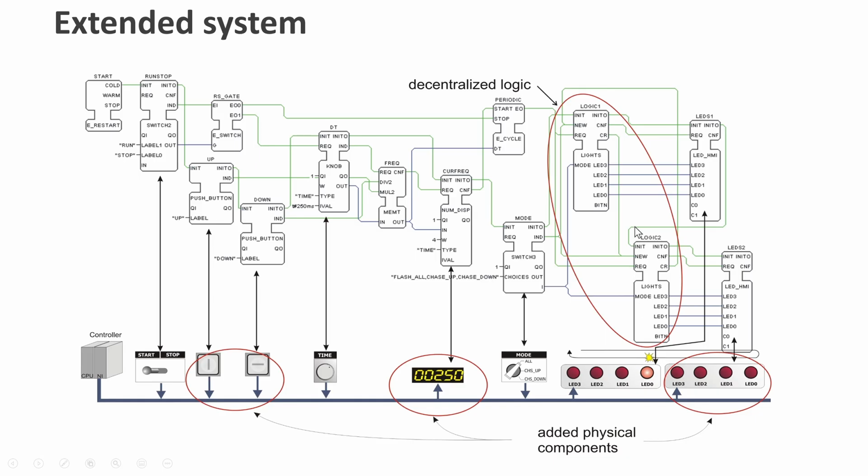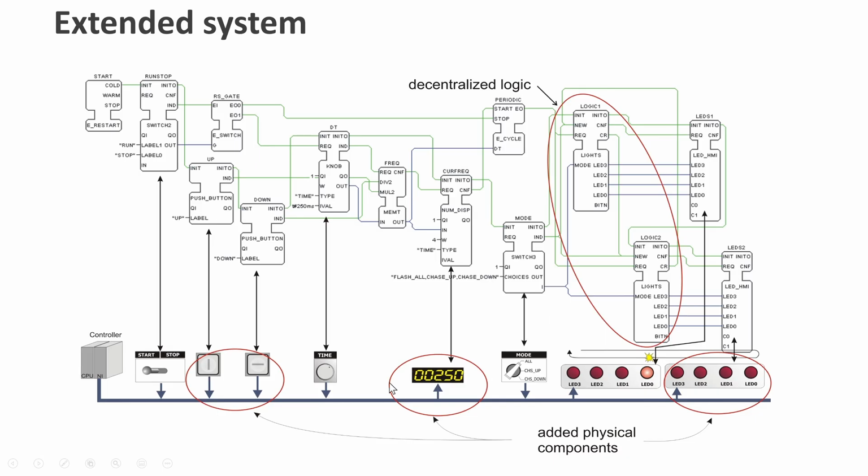For that purpose we need to add more of the logic, this flash 4 function block. So we just provided yet another instance of that, and we connected them so that they will be passing lights from one to another. So we will have one more display block for LEDs.